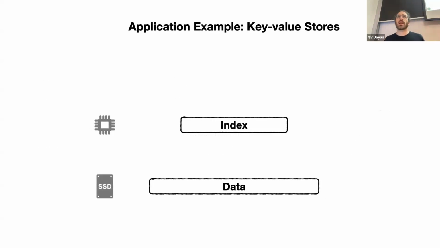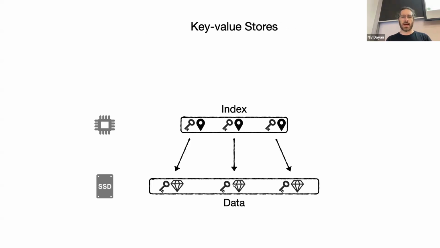So here's just an example application in key value stores. In key value stores, you'll typically have a situation where you have a bunch of data on, say, an SSD, and you'll have an index in memory. Inside storage, you're going to have key value pairs, and here I'm illustrating them. Then in memory, you might map these using key pointer pairs.